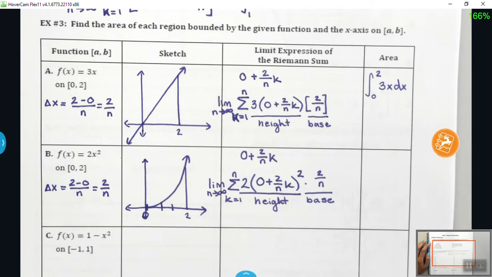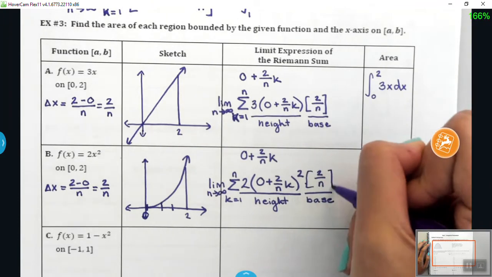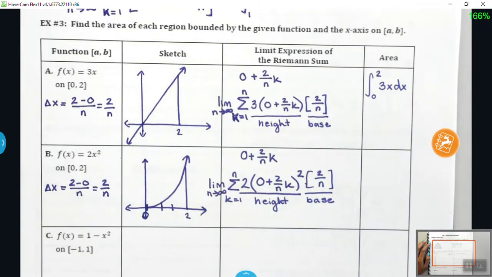Okay. Wait, how come we didn't put that one in brackets? Does it matter? It doesn't matter. Why is that what you're confused about? Because if I'm trying to find exact area, I want to make the tiniest little rectangles.